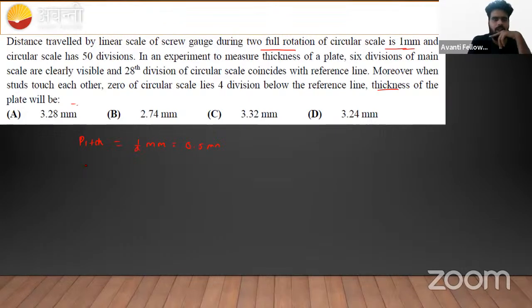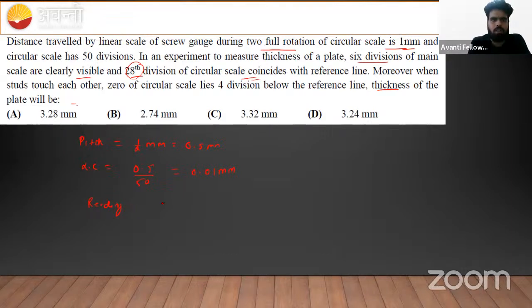If you want to find the least count, it is nothing but pitch upon the number of divisions, which is 0.01 mm. It is given that 6 divisions of the main scale are clearly visible and the 28th division of the circular scale coincides.